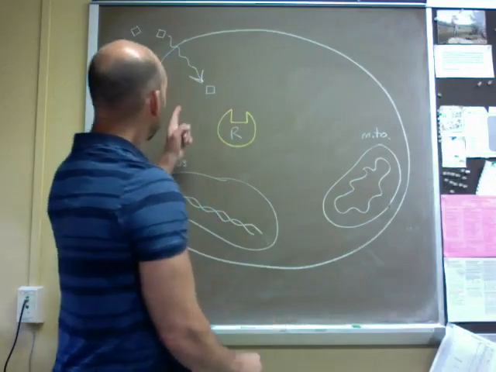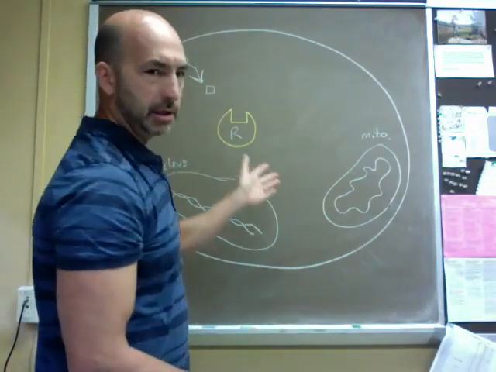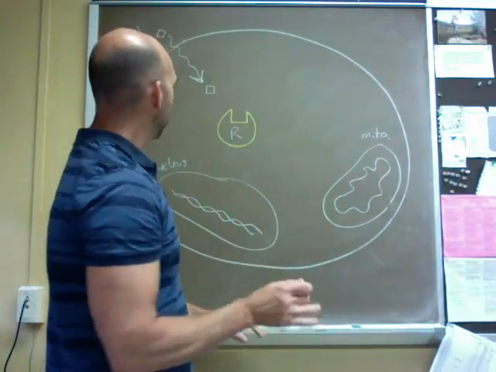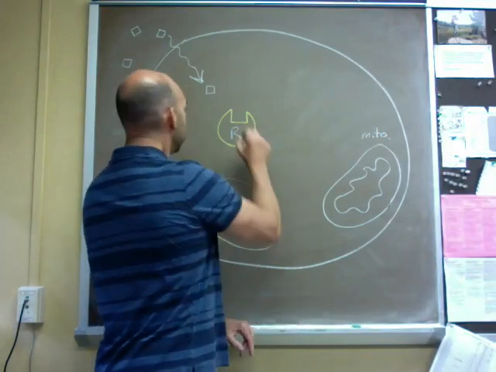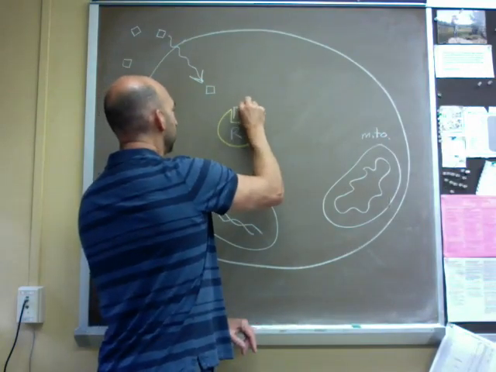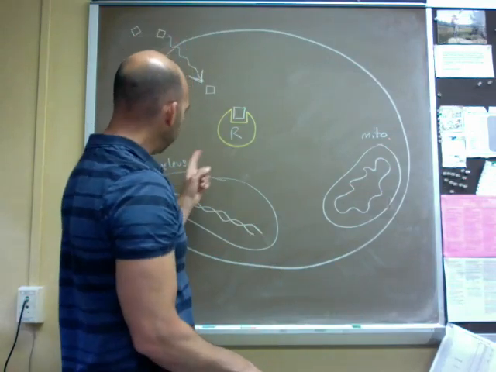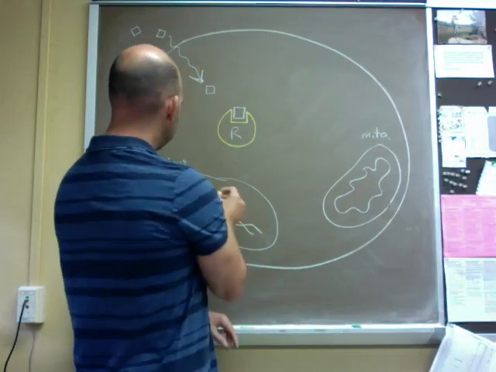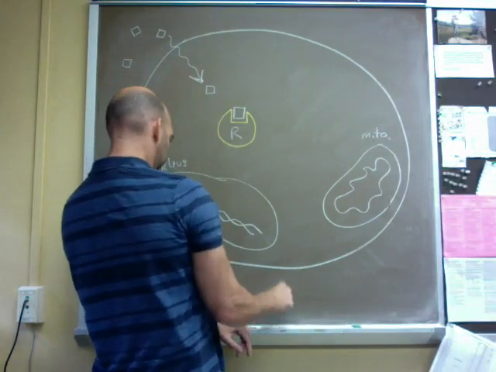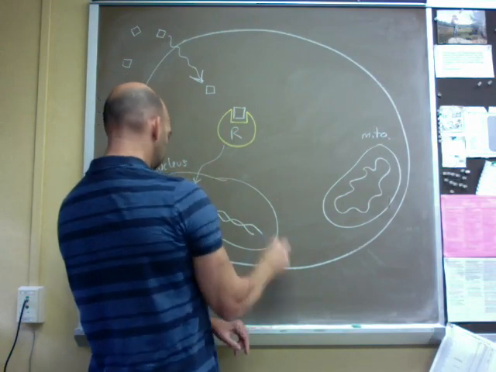And we've got our lipophilic hormone that, at least in one scenario, and the steroid hormones tend to do this. Well, they tend to do one of two things. They tend to bind receptors that are in the cytoplasm, or they can actually bind a receptor that's in the nucleus. And in either case, this guy would be translocated into the nucleus.